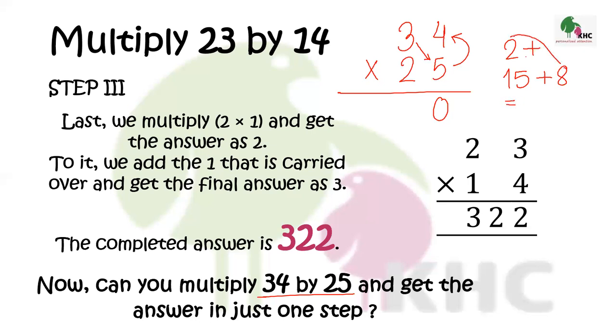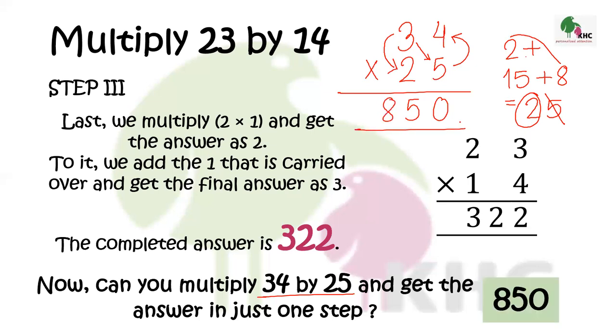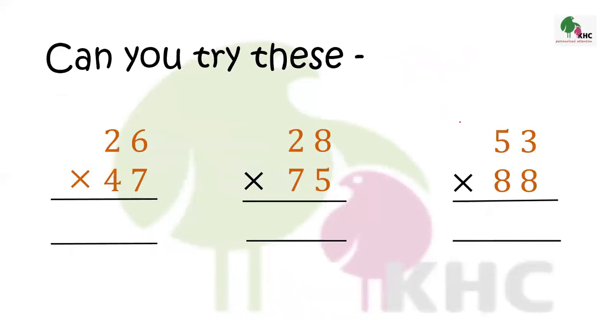So 8 plus 2 is 10 plus 15 is 25. We write down 5 and we carry 2. After that, we have to vertically multiply the tens digit. 3 times 2 is 6, but since we are carrying 2, we have to write 8. So the answer is 850.